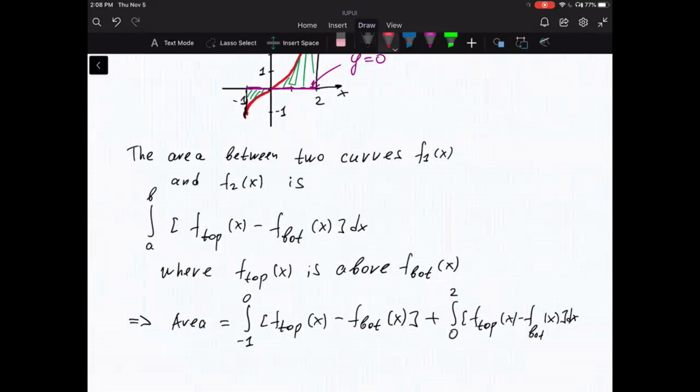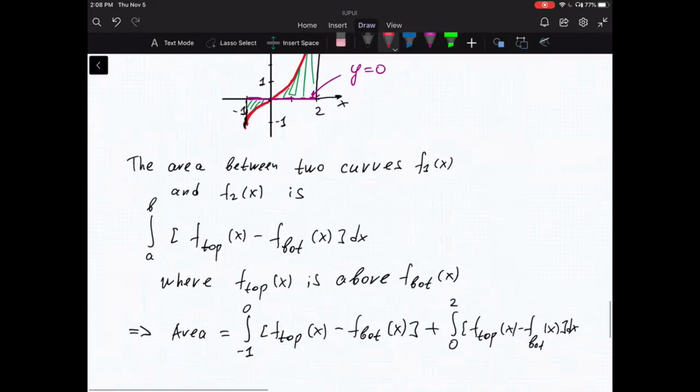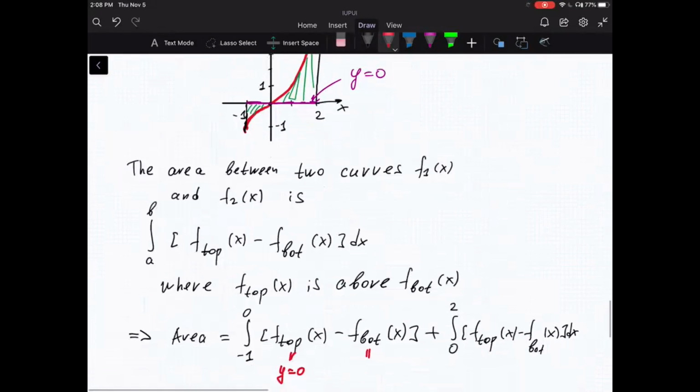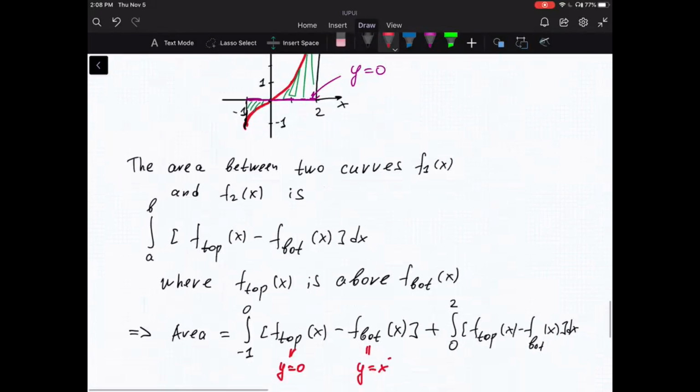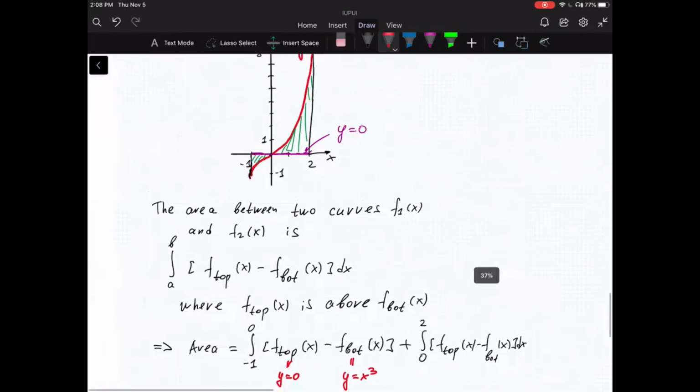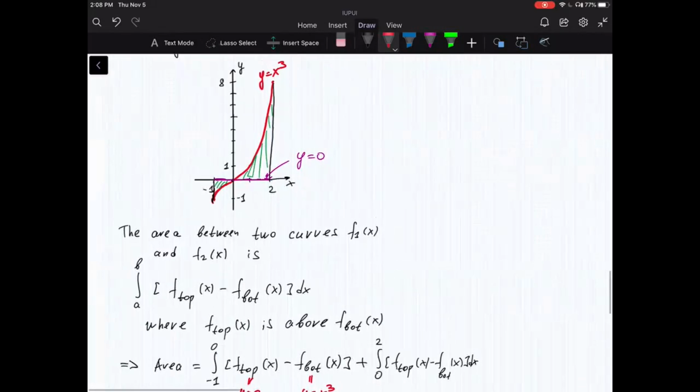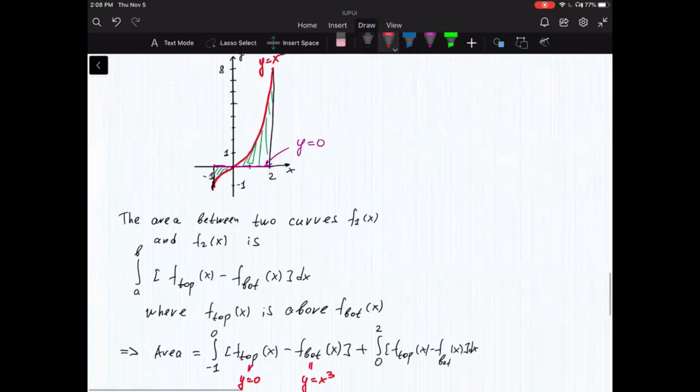But as I said, on the interval from -1 to 0, my f top is y equals 0, and f bottom thus will be y equals x cubed. While on the interval from 0 to 2, my top is y equals x cubed, and my bottom is y equals 0.